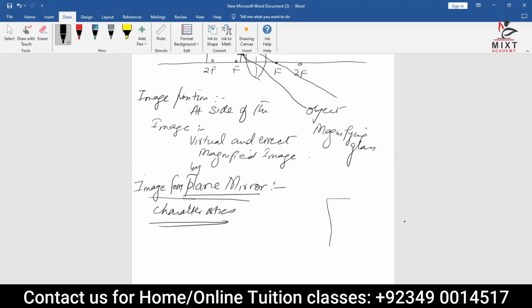Everyone has a plane mirror in their house as well. My point is, what is the characteristic of the image formed by the plane mirror? Quickly. First characteristic. When you see yourself in the mirror, what do you see? How do you say that this is the mirror and this is the image? What are the characteristics of the image?